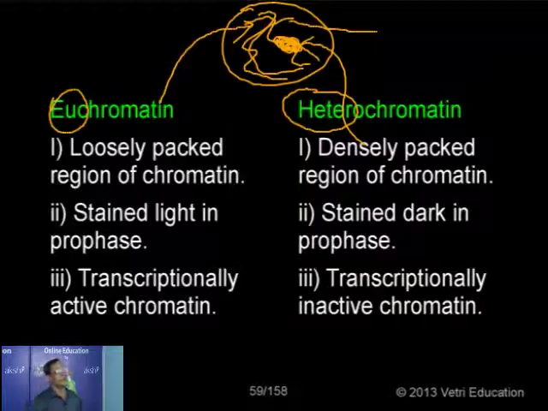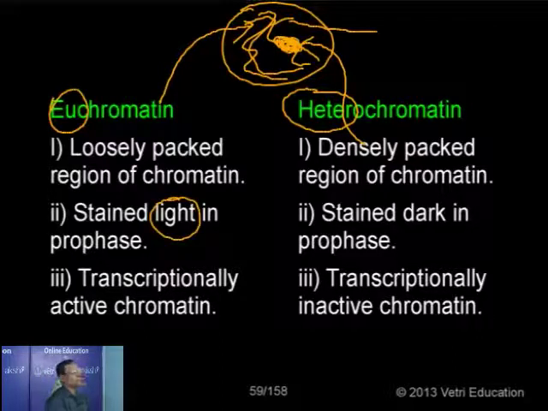So the loosely packed chromatin formed during the interphase nucleus is called euchromatin. The densely packed chromatin is called heterochromatin. While applying the staining procedure, euchromatin normally stains light, for example in the prophase stage when the cells are stained with a particular stain, hematoxylin.